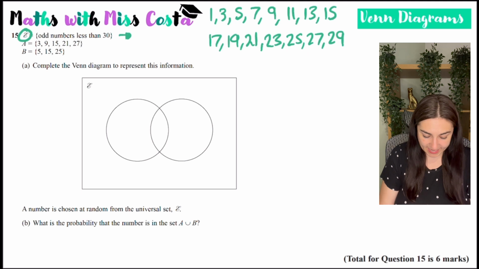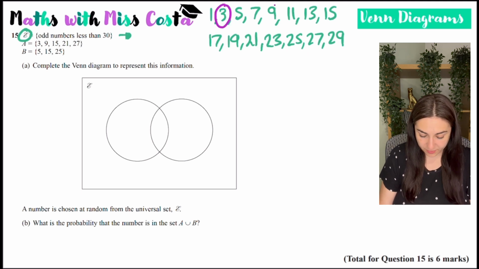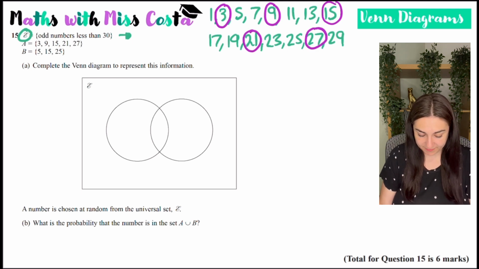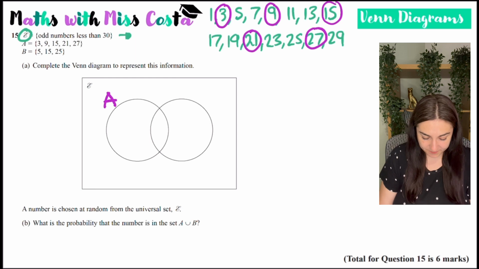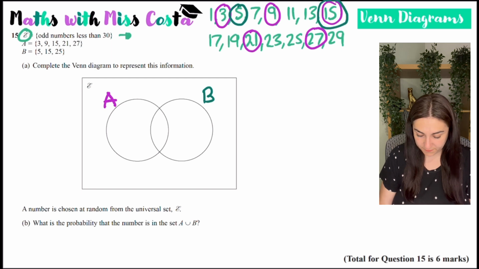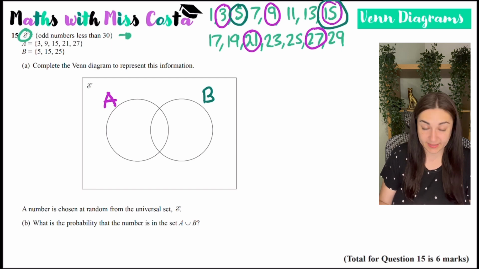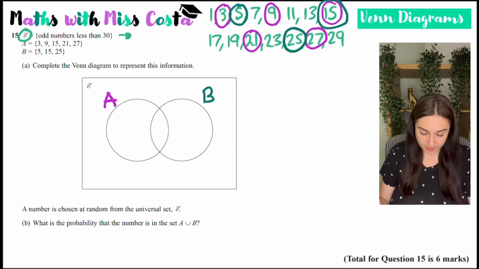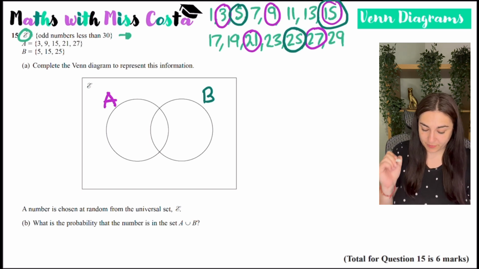Now in set A are the numbers 3, 9, 15, 21, and 27. So that's set A. And in set B are the numbers 5, 15, so 15 appears in both sets, and 25. I need to complete the Venn diagram to represent this information.